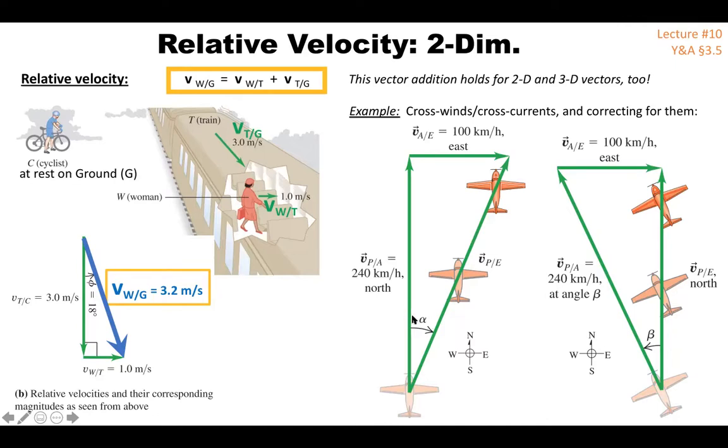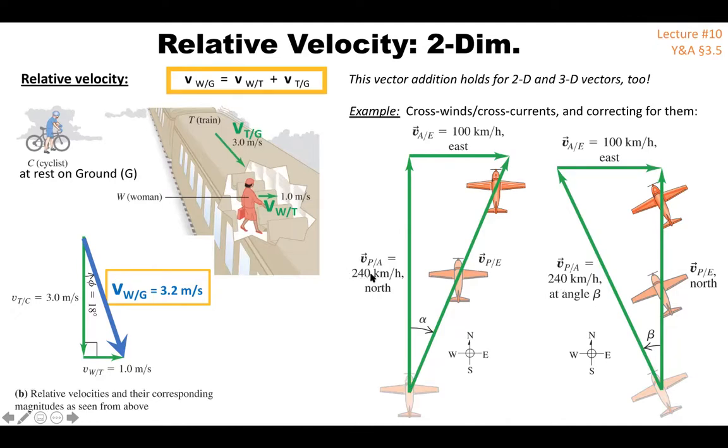If the pilot really wanted to go due north, if the destination the pilot was trying to get to is due north of their starting location, then what they should do is point the nose of their aircraft into the wind slightly, okay? And the amount that you need to point it into the wind, you can calculate from this vector sum. So suppose that this aircraft engine has one speed only, right?